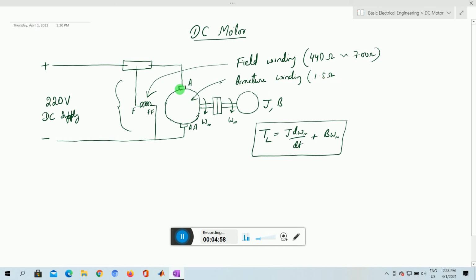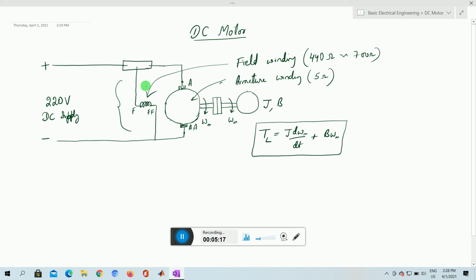And the brushes are there on the top and the bottom. These brushes add to the resistance because we are measuring the resistance across A and AA. So the brushes and the contact resistance add up, and instead of 1.5, this becomes nearly 5 ohms.